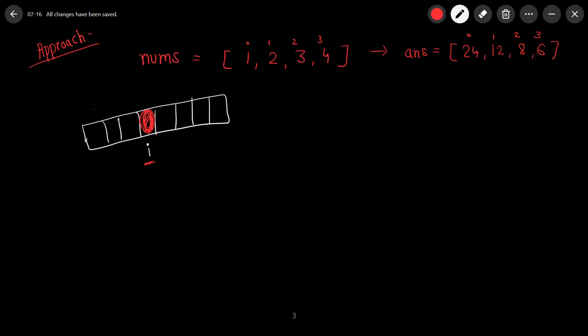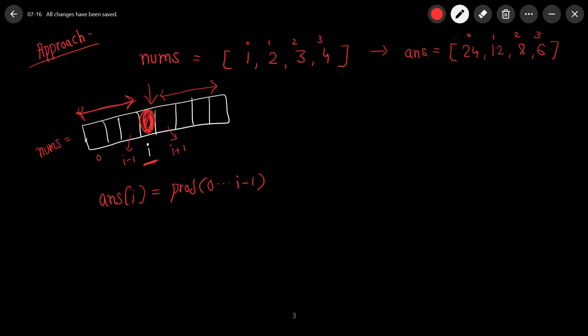As you know, this is nothing but the product of every element in this nums array except this element, because we need to exclude self. So it is the product of these elements and these elements. This is 0, this would be i minus 1, because this is i, and this would be i plus 1.